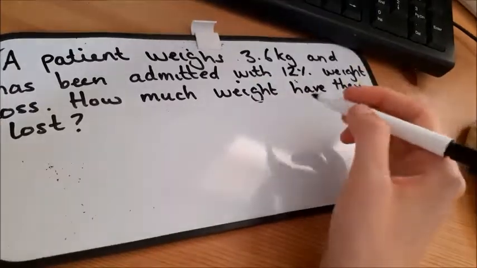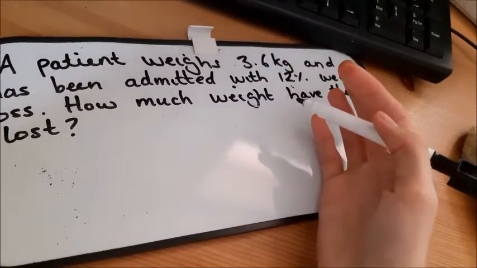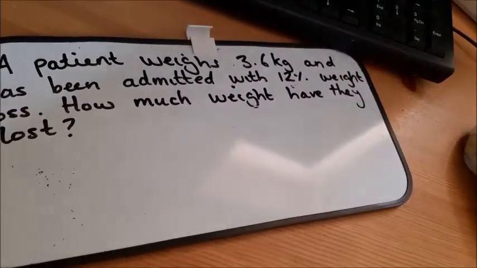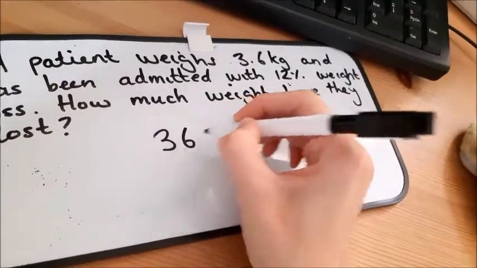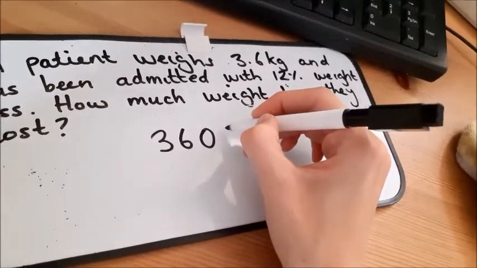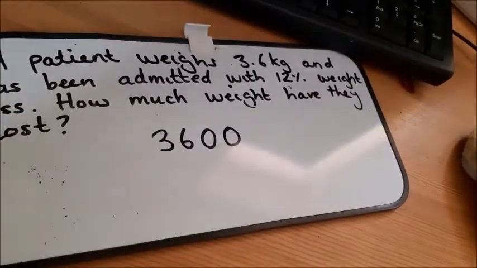And 1 kilogram equals 1,000 grams, so you're timesing by 1,000 here, and you end up with 3,600 grams, the same as what this child weighs, 3.6 kilograms.